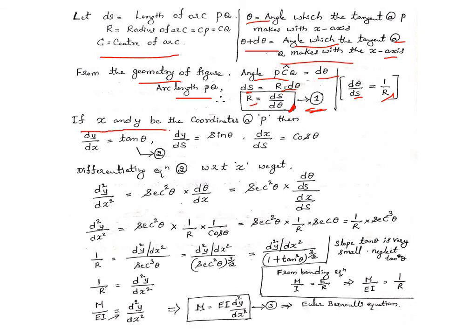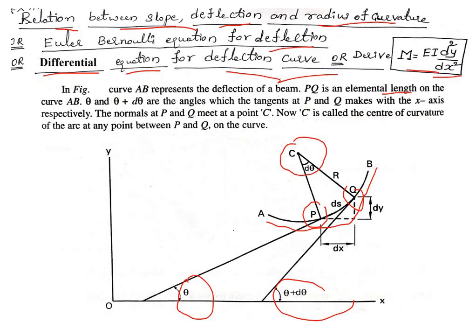If x and y are the coordinates of P, then dy by dx equals tan theta, and dy by ds equals sin theta. Dx by ds is equal to cos theta. You can observe in the sketch that PQ is ds, and the vertical and horizontal distances dy and dx form a triangle.